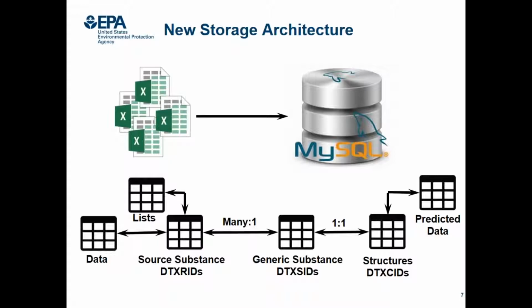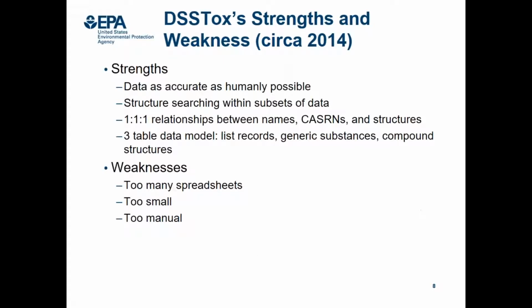And then we manually map this information to the actual core information we have in DSSTox, where we have accurately mapped names to structures and CAS number-name relationships for the past 15 or 20 years. So this is a primary area of curation, but this is also a primary area of curation.